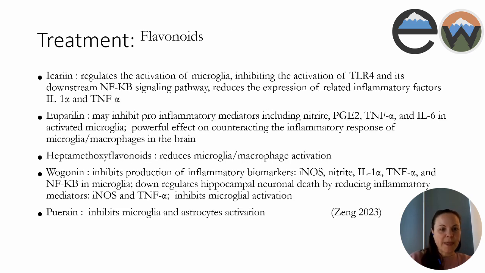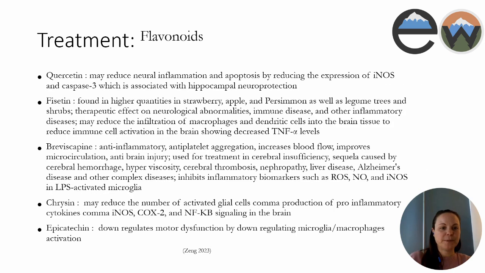Right. Flavonoids, there's a lot of different flavonoids out there, a list of quite a few of them here. From this list, I will bring up quercetin. Quercetin is a flavonoid that protects the hippocampus. So that's really nice. And it basically helps with reduced neuronal inflammation through controlling oxidative stress, right?